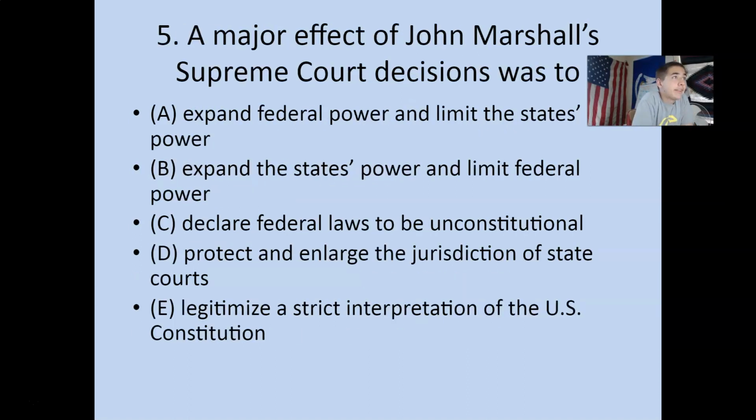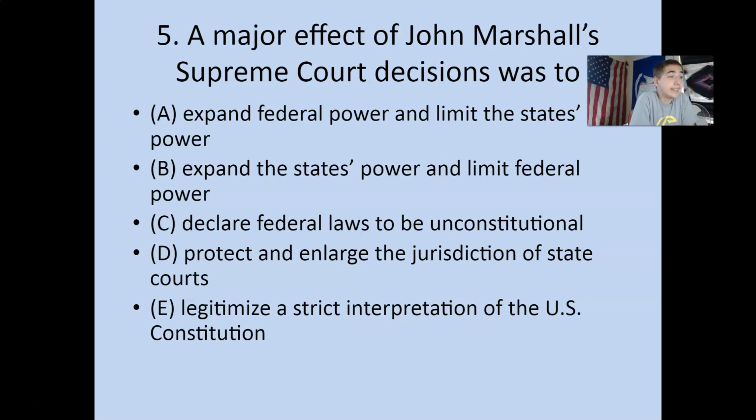Number 5. A major effect of John Marshall's Supreme Court decisions was to A. Expand federal power and limit the state's power. B. Expand the state's power and limit federal power. C. Declare federal laws to be unconstitutional.